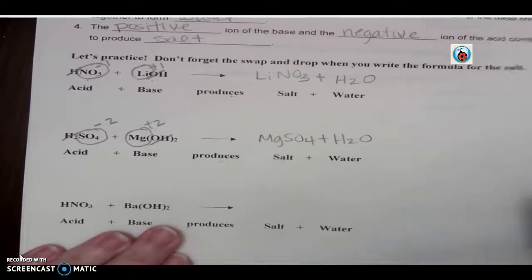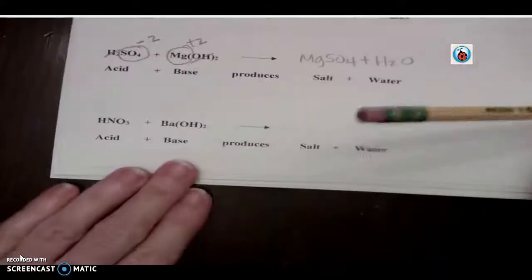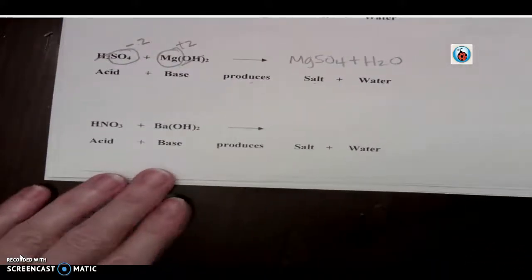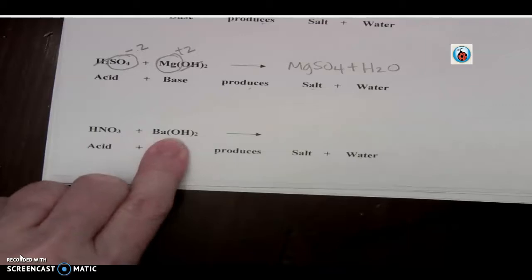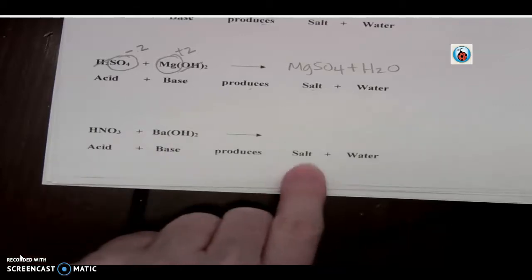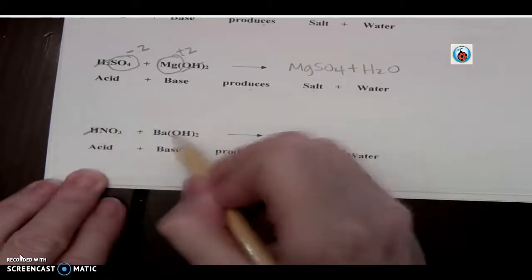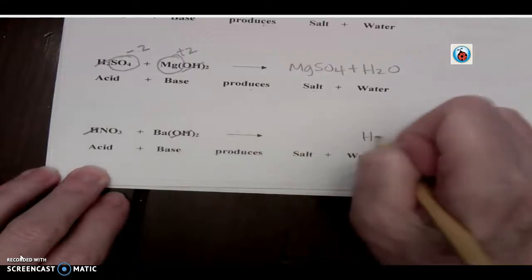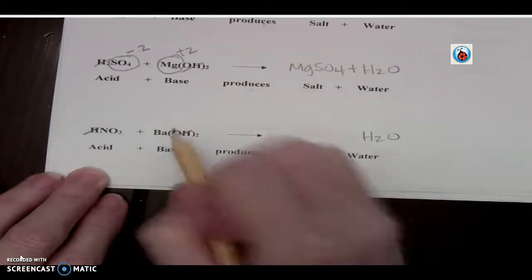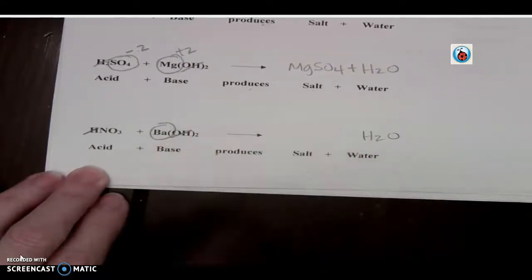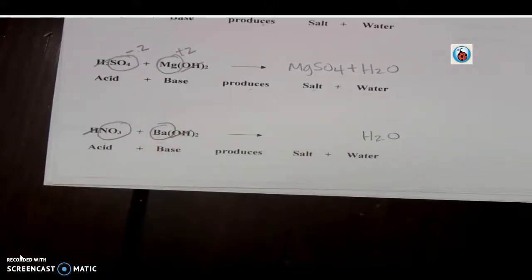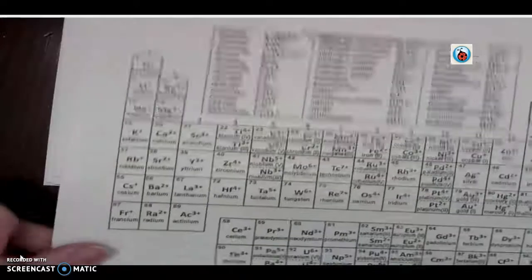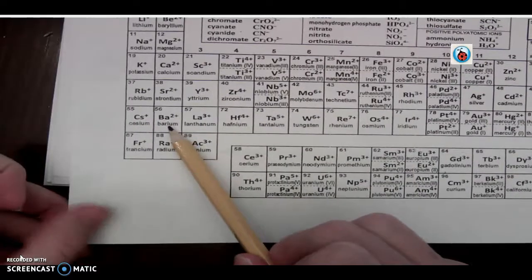All right, let's look at our last example here. I've got nitric acid plus barium hydroxide is going to produce salt plus water. And again, what's water? H2O. What's left over? The positive ion from my base, the negative ion from my acid. Again, get your charges. Barium is a +2.